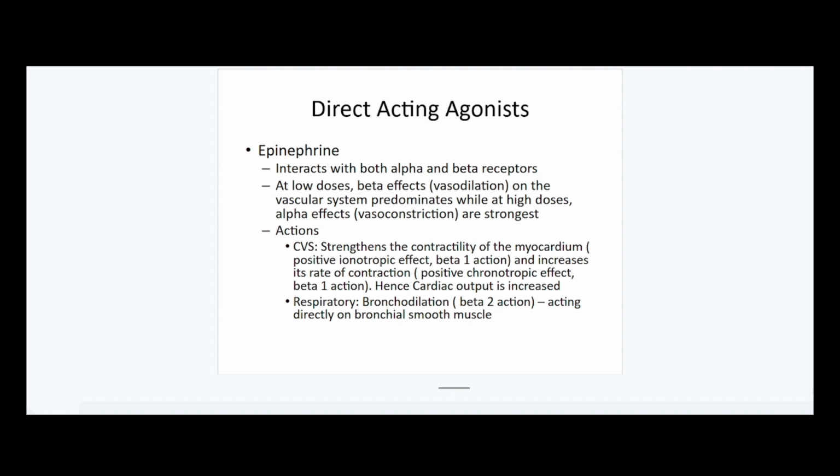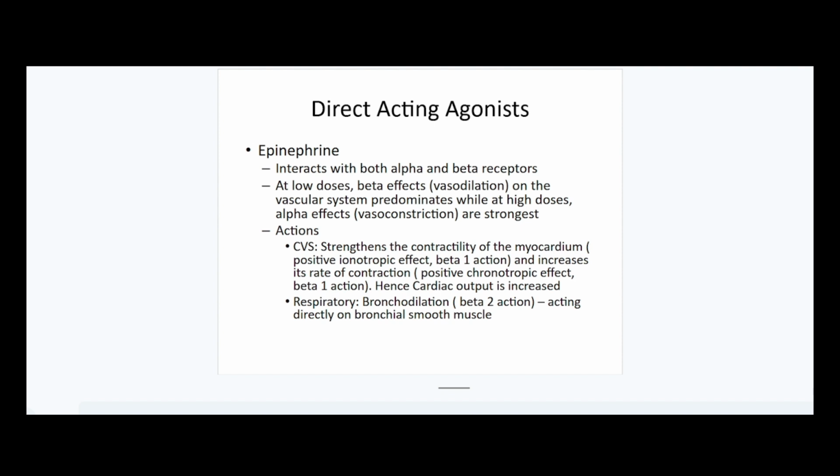Its action on the CVS is that it strengthens the contractility of the myocardium. That's positive inotropic effect. It increases the force of contraction of the heart and increases the heart rate. So it causes positive inotropic effect and positive chronotropic effects. Those are the beta 1 actions because it binds to beta 1.